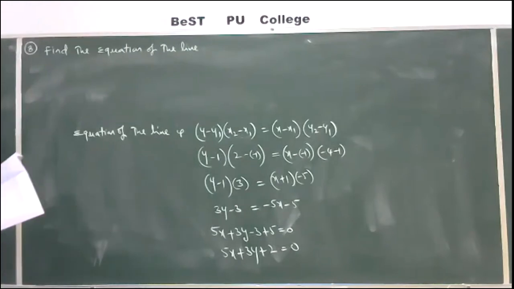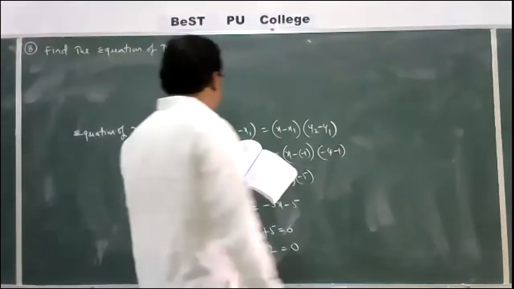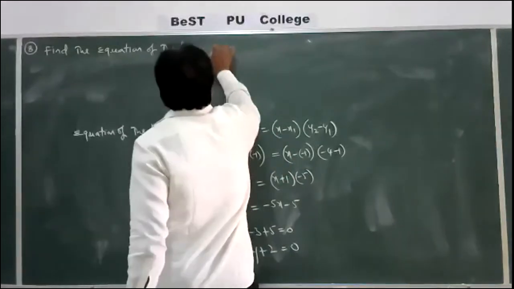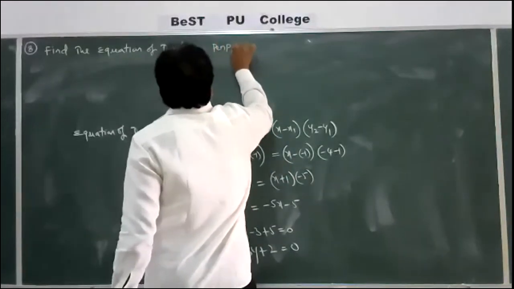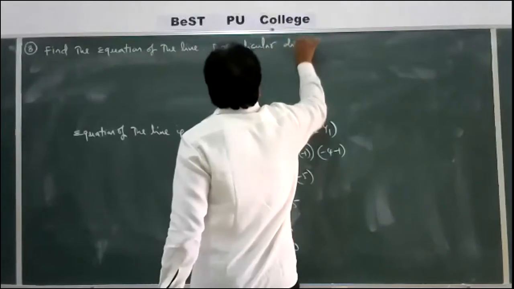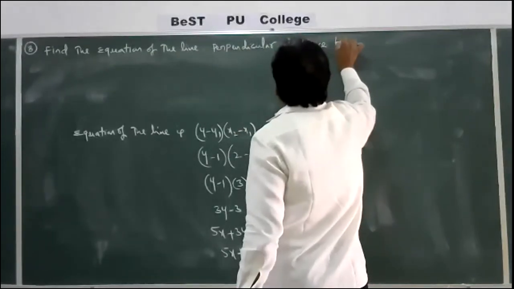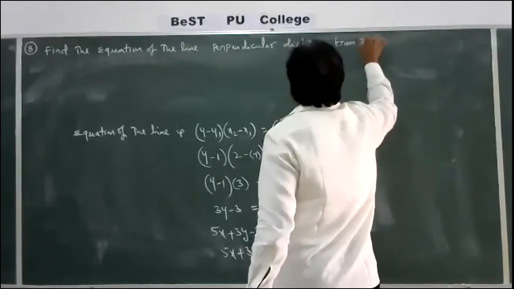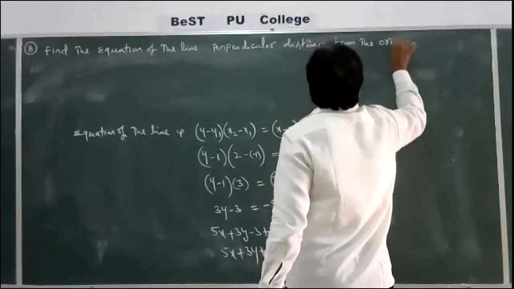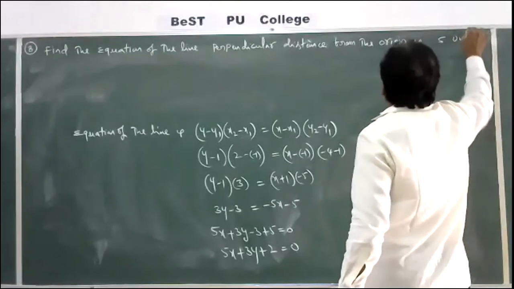The perpendicular distance from the origin is 5 units.